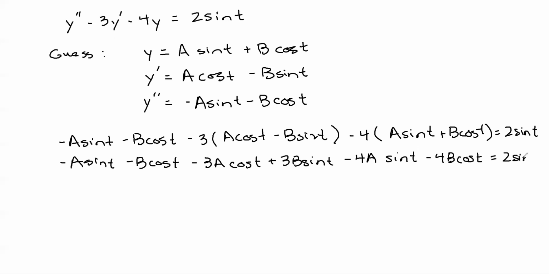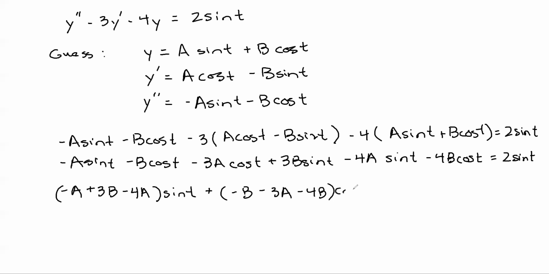equals 2 sine t. And then we could group these based upon coefficients of sine, right? So we're going to have negative a as a multiple of sine, plus 3b as a multiple of sine, minus 4a as a multiple of sine. And then we could do the same thing for cosine. We've got negative b, minus 3a, minus 4b cosine.